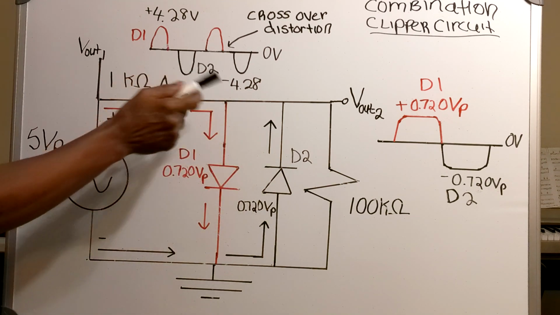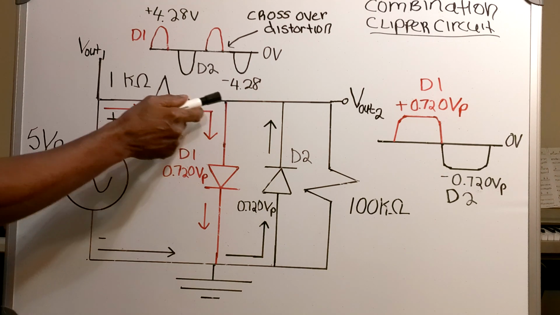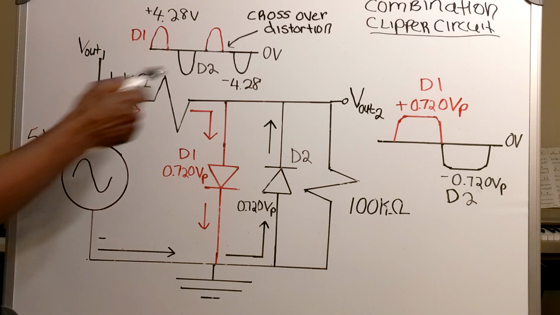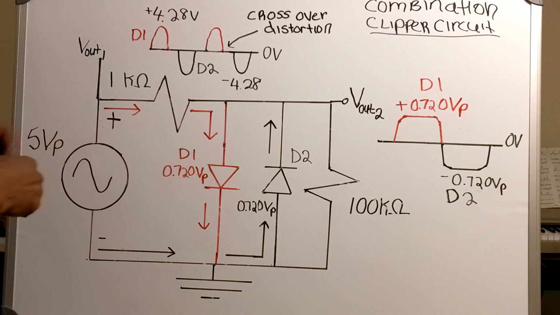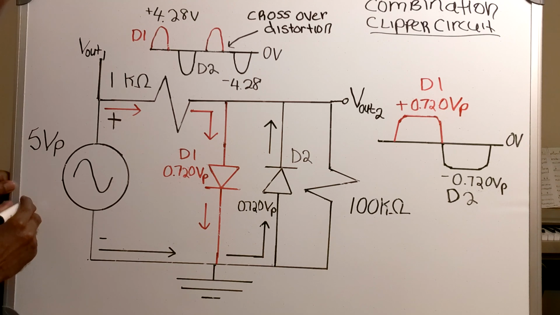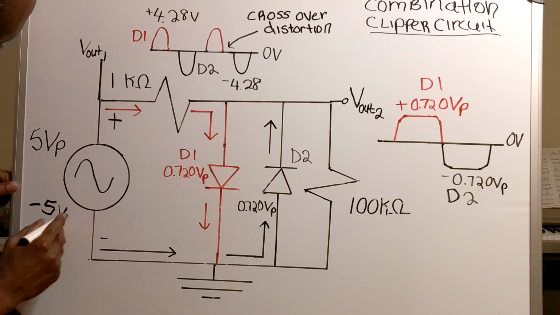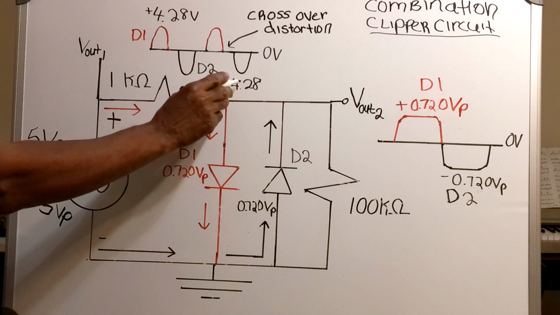It's the same voltage difference, which is the difference between the 5-volt peak and 4.28 volts. Minus 5-volt peak and minus 4.28 volts.